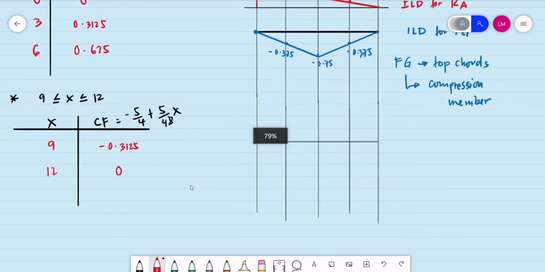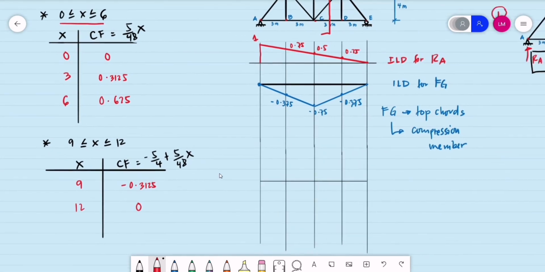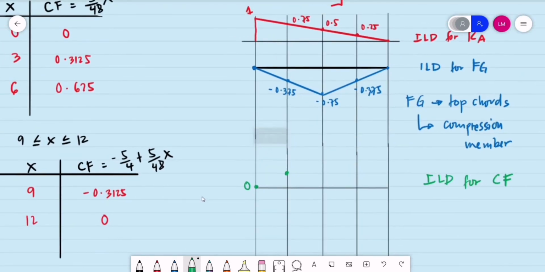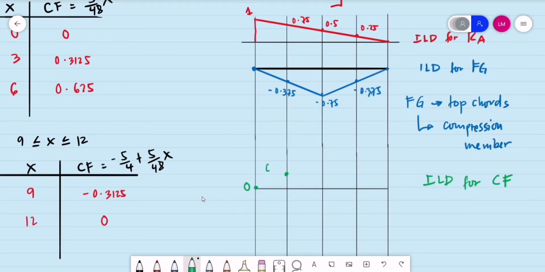Okay, so if you are to plot these values, this is the influence line diagram for the axial force for member CF. At x equal to 0, that is also 0. At x equal to 3, that is positive 0.3125.